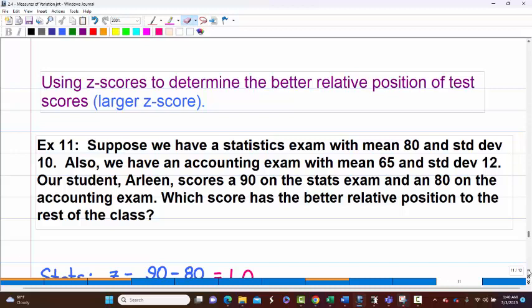something where you have to pay for something. Let's say you bought a new car and you found out that your z-score for what you paid was -1, and someone else's z-score was 0.